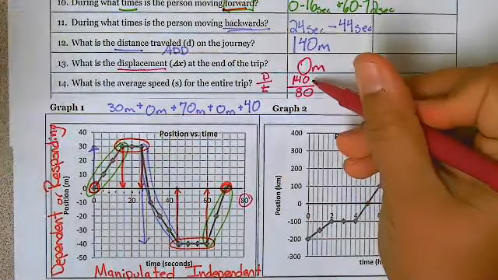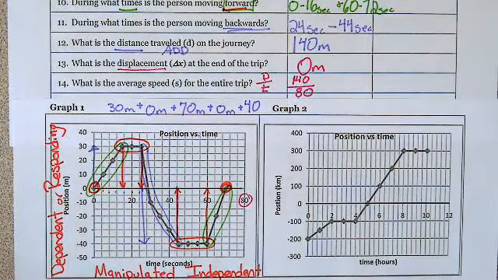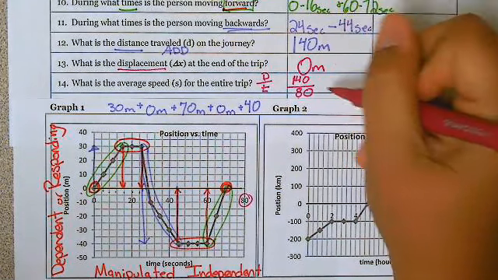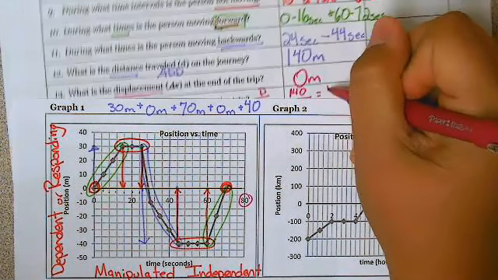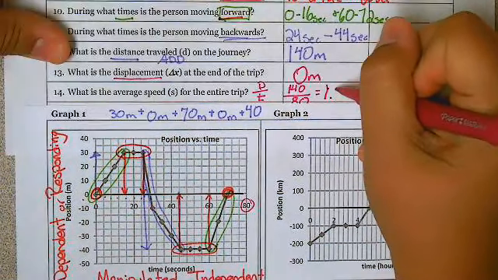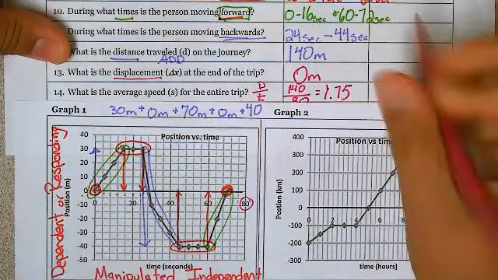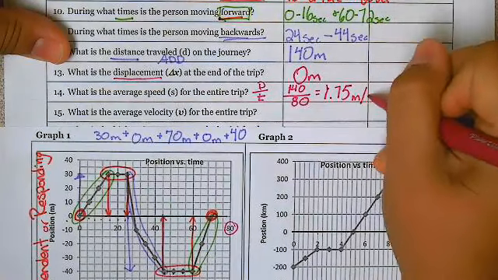Remember, whatever's on the top goes into your calculator first. So 140 divided by 80 will give you 1.75, and that's meters per second.